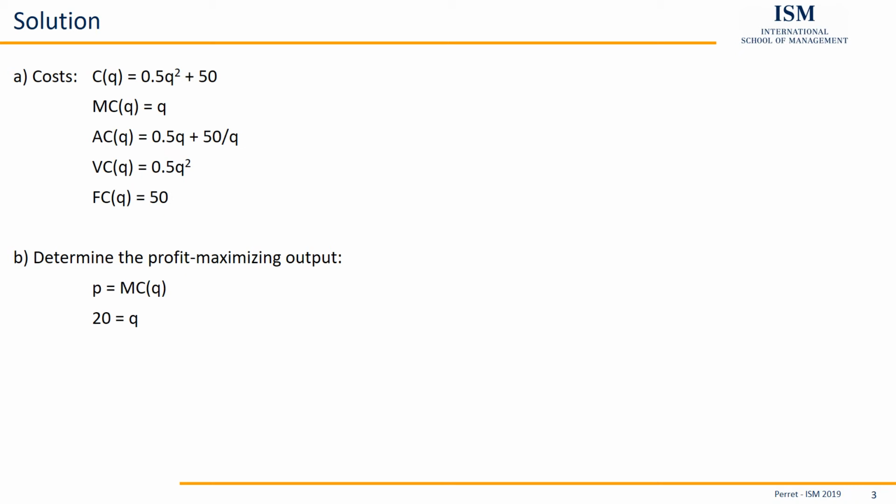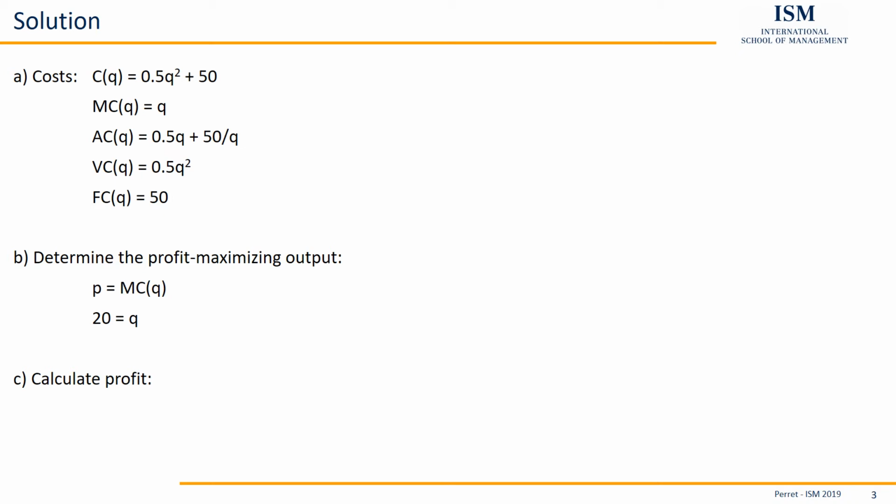Okay, we have the price, we have the quantity. So quantity and price are 20 here. And if we have both of these values, we can directly calculate the profit of a company. For this, we recall profit is revenues minus costs, with the revenues being quantity times price. So we go here, quantity times price, so 20 times 20, minus the costs.